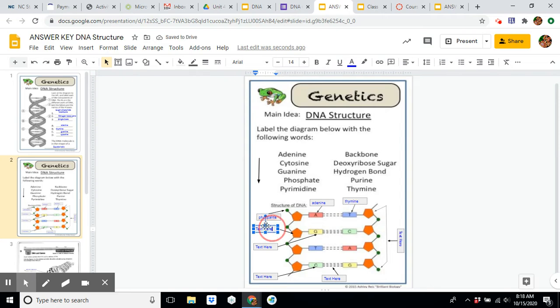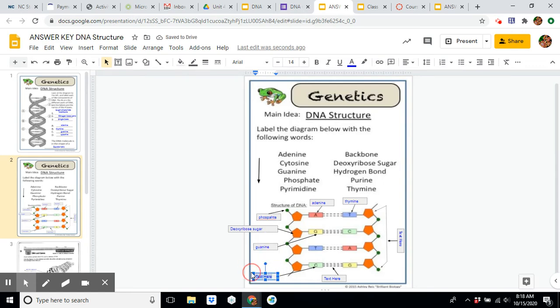The orange 5-sided structure here is my deoxyribose sugar. How do I know that? Because it has 2 strands. And remember, the sugar in DNA is called deoxyribose. This is pointing to the letter G, which is what we know is guanine.